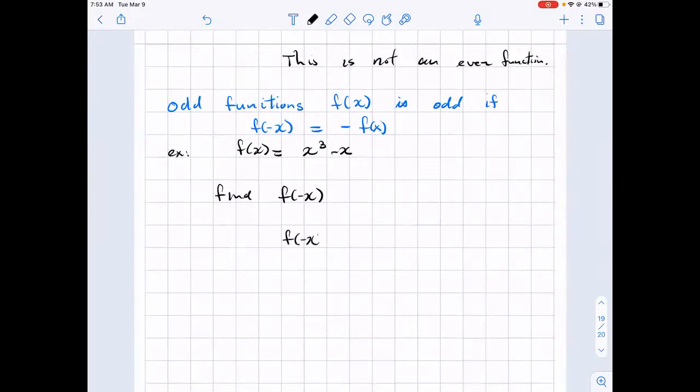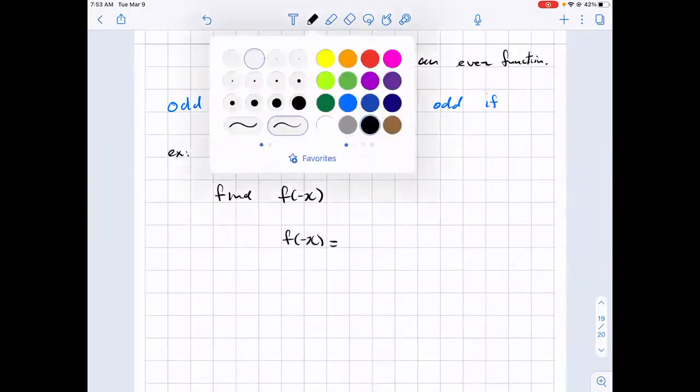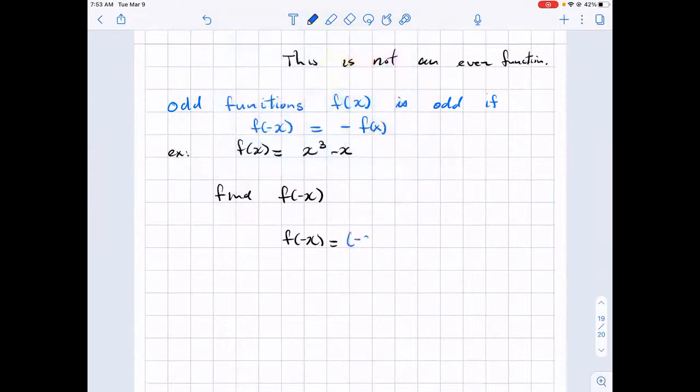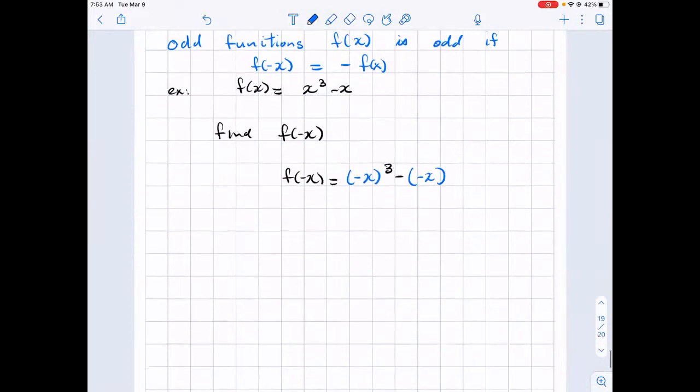So f of minus x will be, wherever we see x now, we put a minus x cubed minus, and once again we have x, so we put minus x. By doing this, we end up with f of minus x is equal to minus x cubed plus x, because if we cube a negative, we get a negative result.